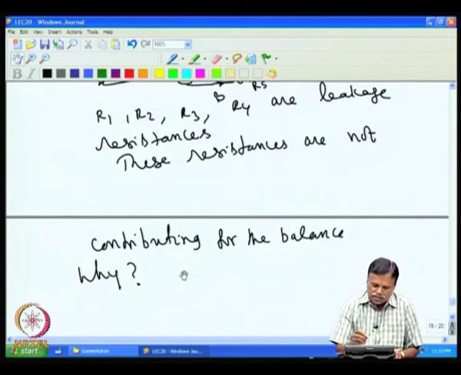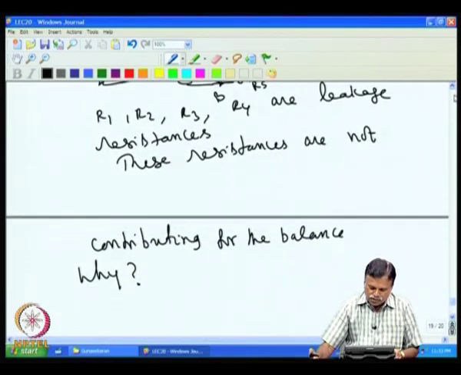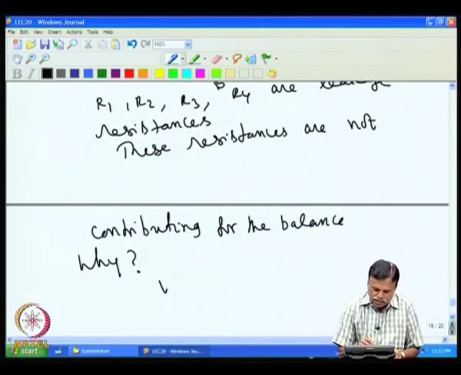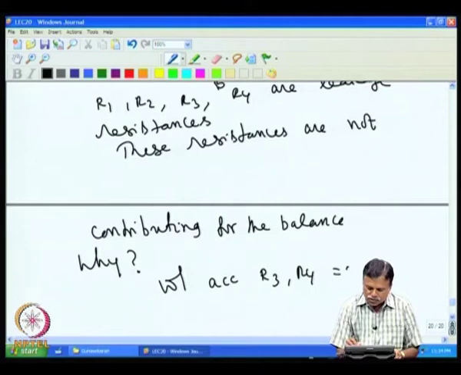Why? Because if you look at it, the voltage across R3 comma R4 is equal to 0 at balance.